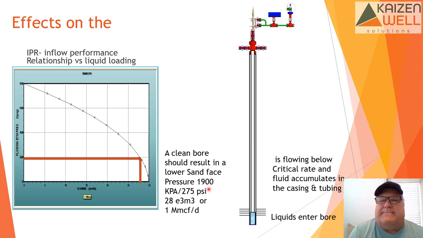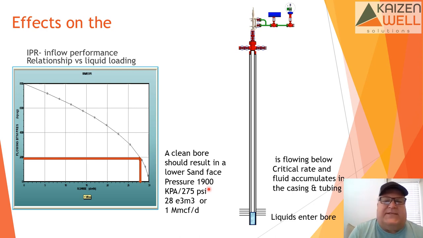But it at least lets you know that if it's not liquid loading, then yeah, maybe it is paraffin. We see lots of wells with paraffin buildup, free flowing wells, or even if you have gas lift, and it really starts to build up and puts a lot of extra back pressure on the well. So just being able to identify the difference between liquid loading and some sort of interference like paraffin buildup could save you a bunch of time.